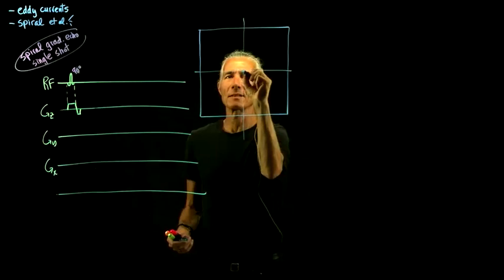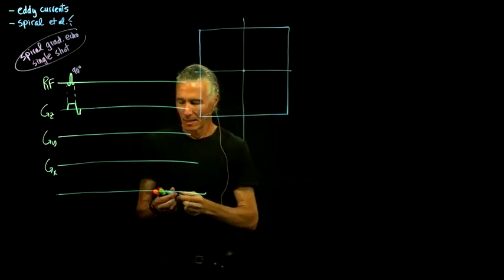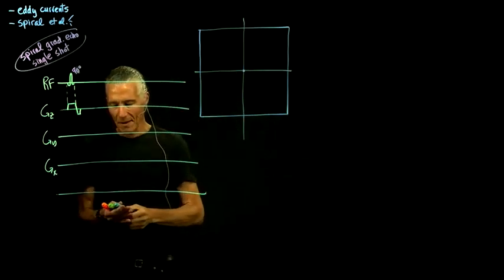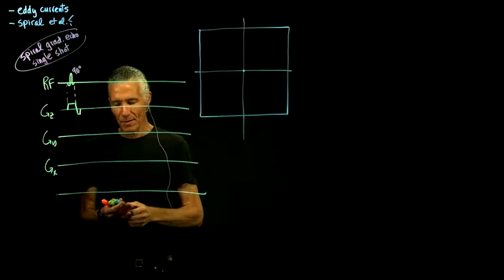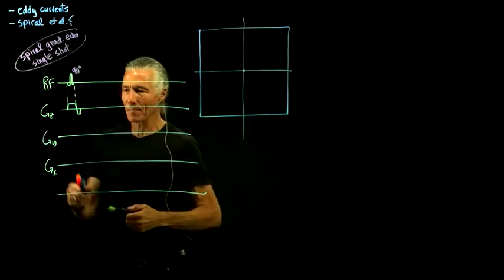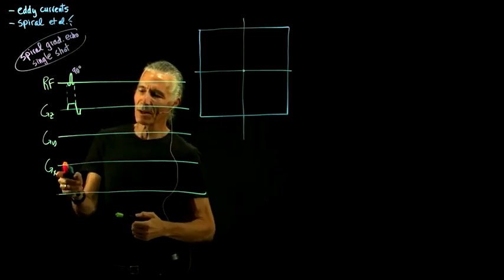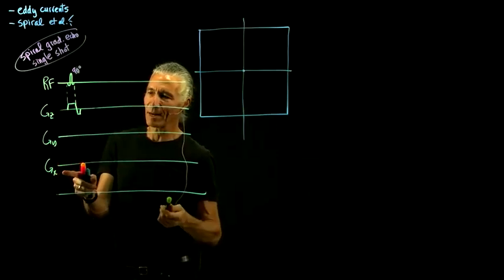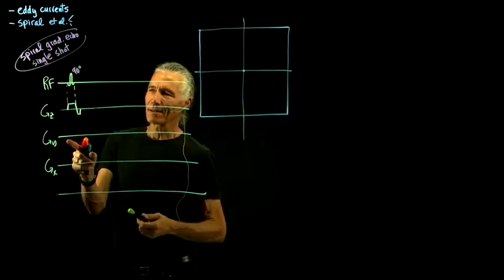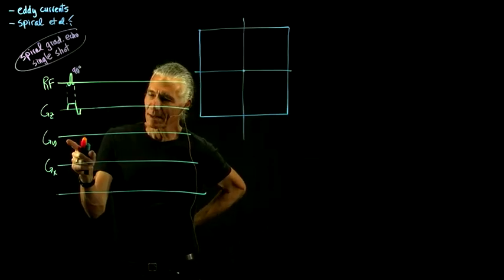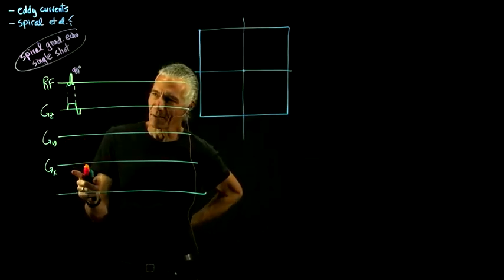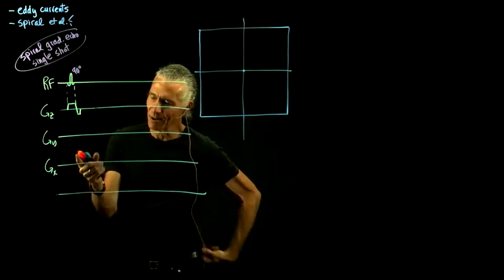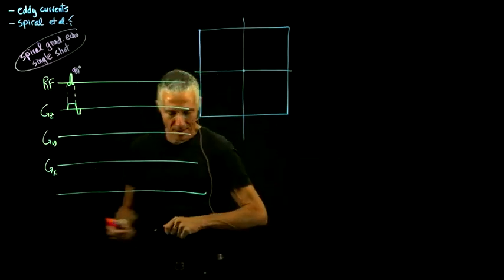Let's just start right at the middle. And then what we do is we turn on both gradients at the same time, the y and the x gradient. Normally we think of the x gradient as the readout gradient and the y gradient as the phase encode gradient, but the readout gradient is just another way of doing phase encoding in a different direction, so we can turn them both on at the same time.